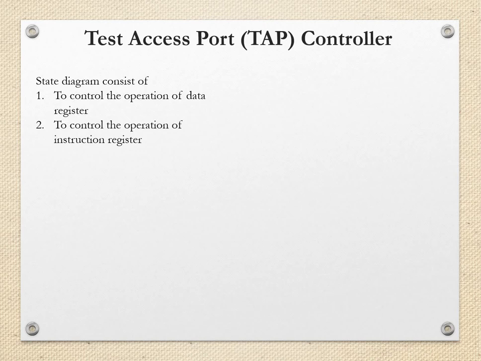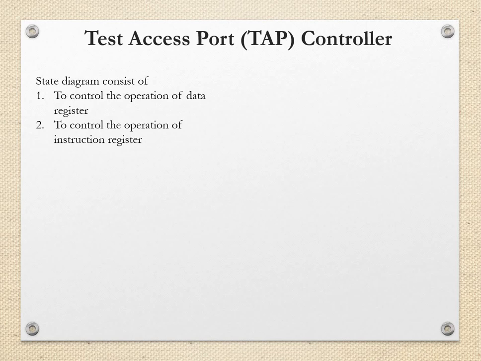So all these activities, this boundary scan cell operation, is controlled using the TAP controller, which is the test access port controller. And this TAP controller has a state diagram to control the operation of the data register and to control the operation of the instruction register.